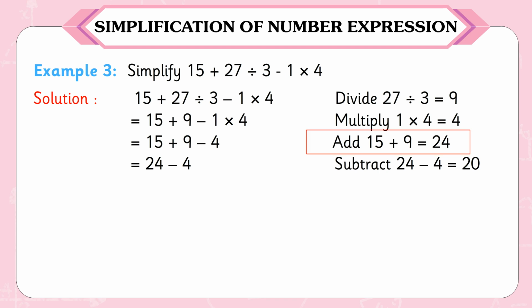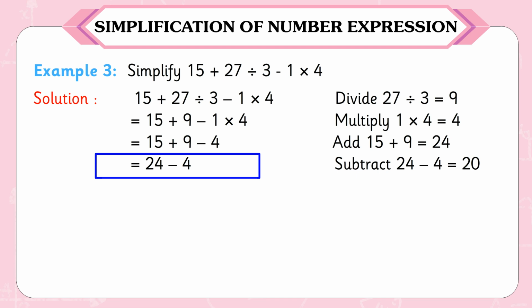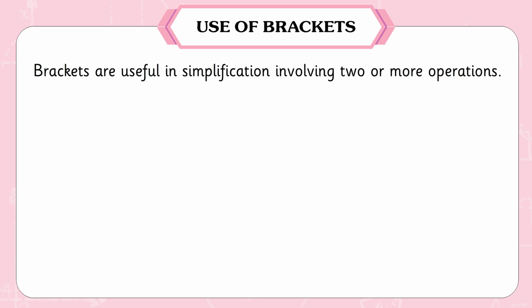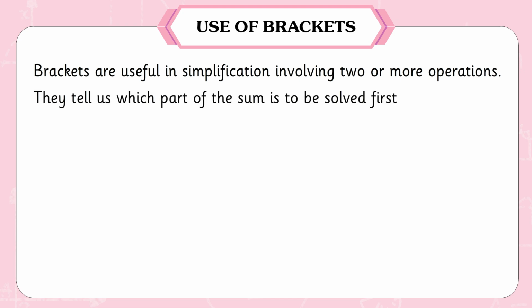Add: 15 plus 9 is equal to 24. Is equal to 24 minus 4. Subtract: 24 minus 4 is equal to 20. Answer 20. Use of brackets. Brackets are useful in simplification involving two or more operations. They tell us which part of the sum is to be solved first.